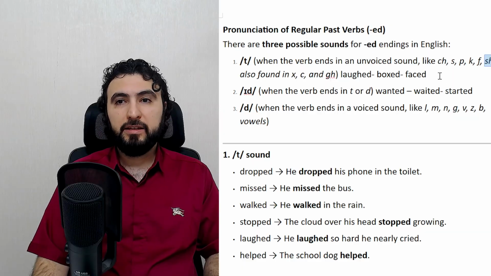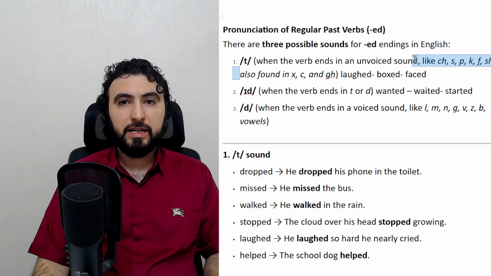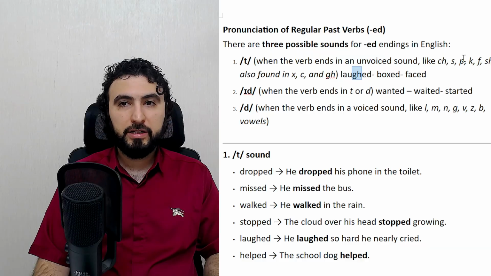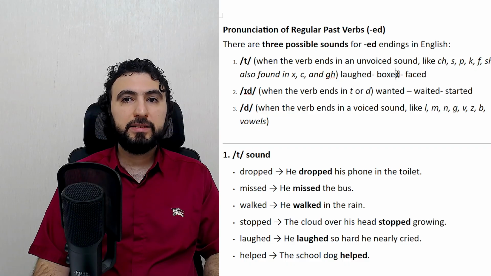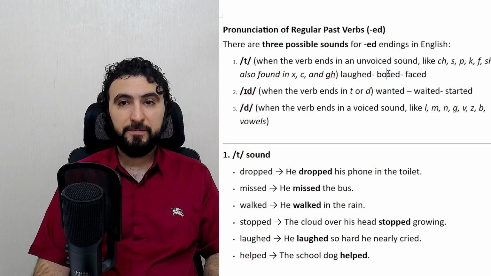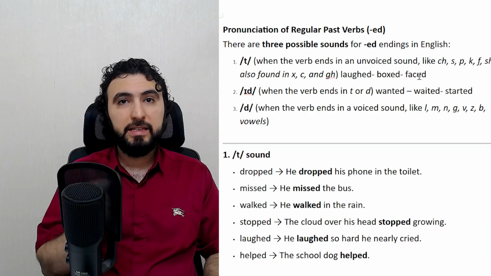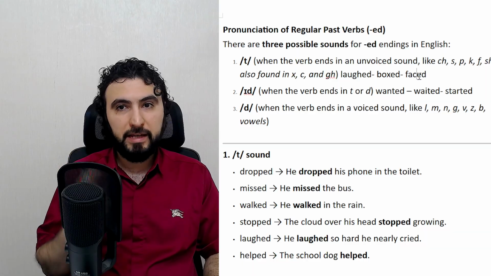And the reason I say the writing is not important, the sound is important, you can think of words like laugh. Laugh ends in gh, but actually the pronunciation is that of a fe. Or box ends with an x, but the last sound you hear is se. Or face. Face is written with a ce, but the sound you hear is se.